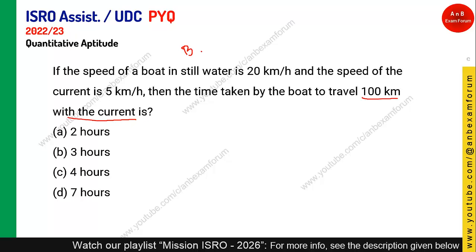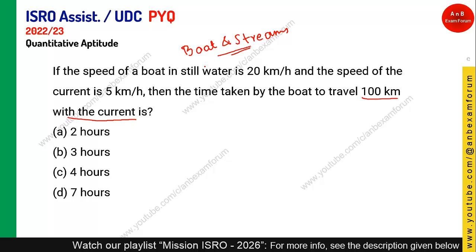So student, this question belongs to the topic called boat and stream, and last year we have seen 2 to 3 questions from this chapter as well. In 2016 and 2014 we did not see a single question from this topic, but last year we saw 2 to 3 questions from this chapter itself.